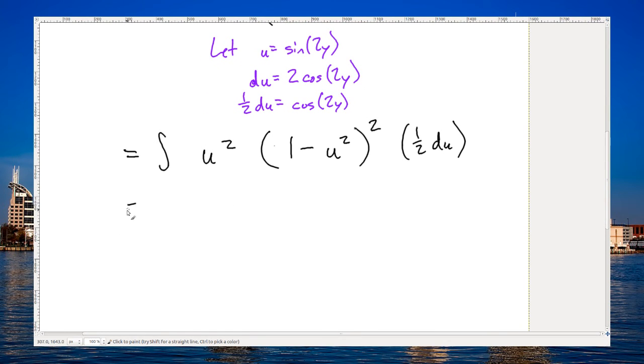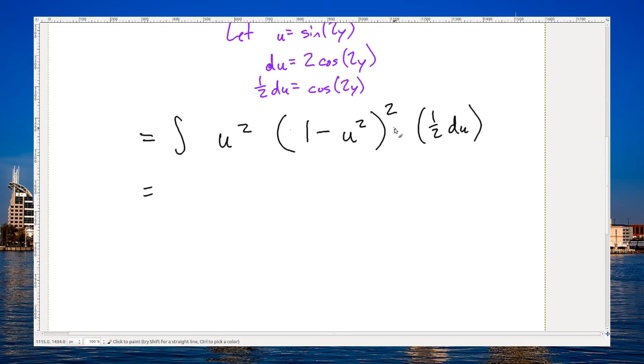So I'm going to need to do some algebra now. So let's see, I can bring that 1/2 out to the very front. I can bring it all the way to the outside if I want. U squared, let's square this binomial out. That's going to be 1 minus 2u squared plus u to the fourth using my binomial formula.